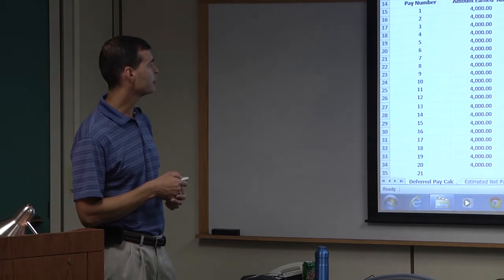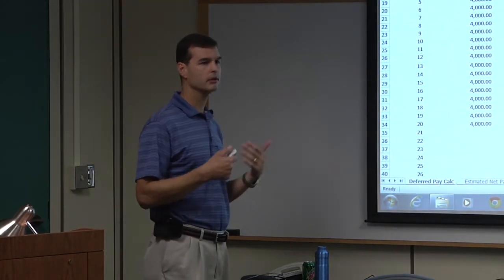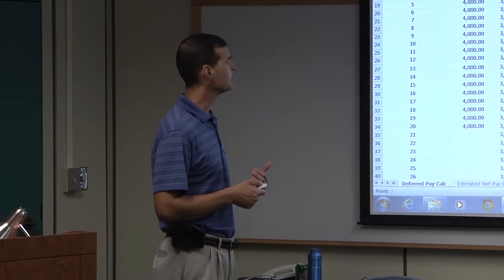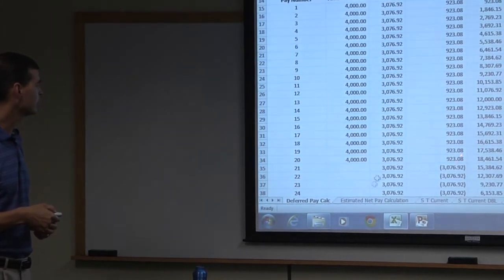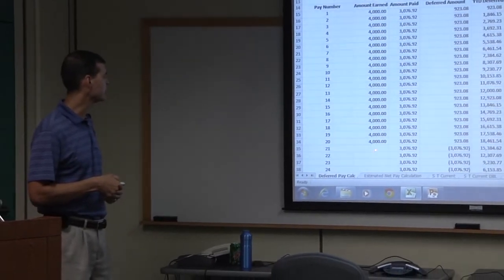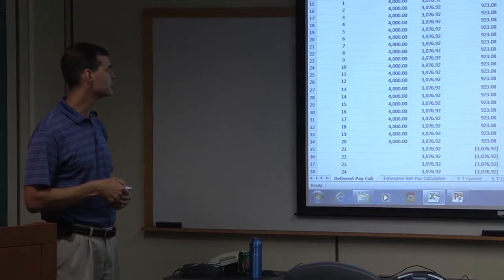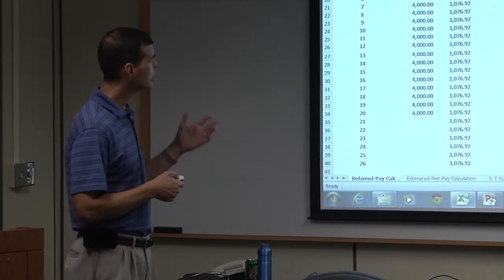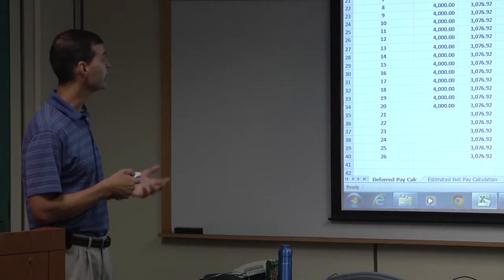And this, what we call the deferred amount, is that bucket we were talking about, that it stores that amount each time you get paid, and then accumulates it until you get down here where you're no longer earning any, and now the same amount is being paid to you, and just decreasing that year-to-date deferred amount. So for those of you who are visual and want to see what's happening, that may help you.